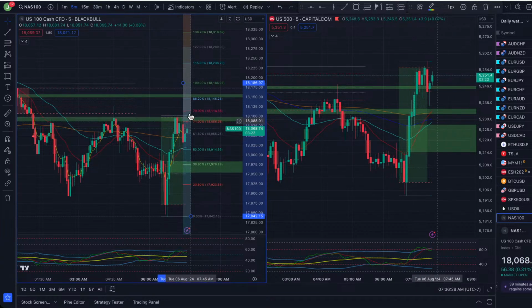But again, most likely we will push through, take out this high, and then we'll see if we get a confirmation. This thing wants to continue up, or if it rejects, then we see it plummet.